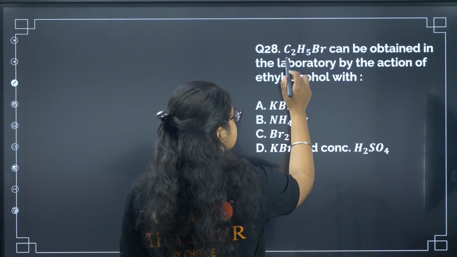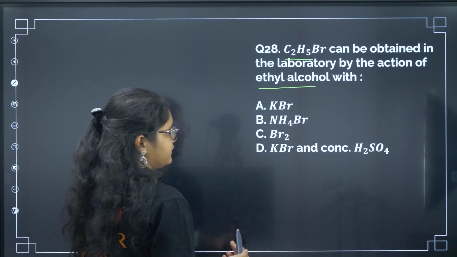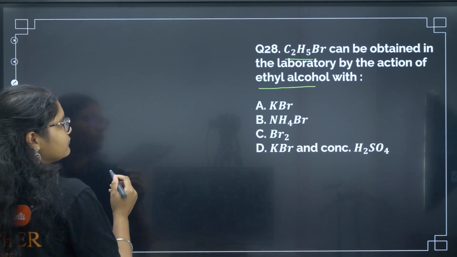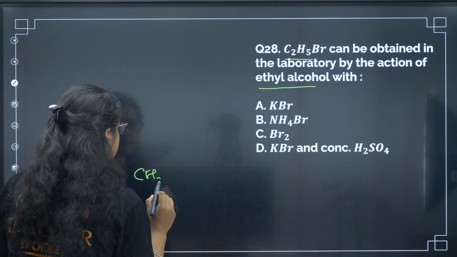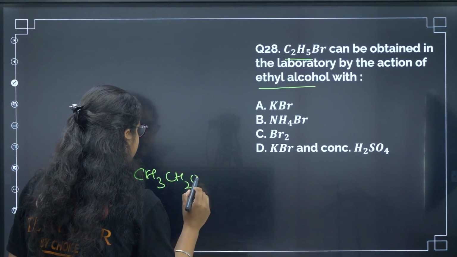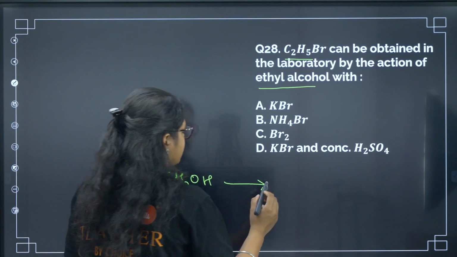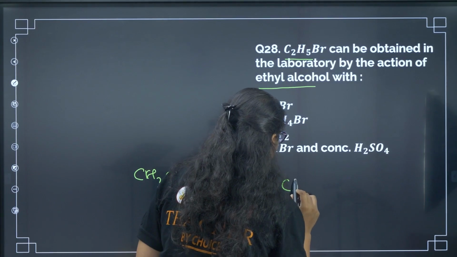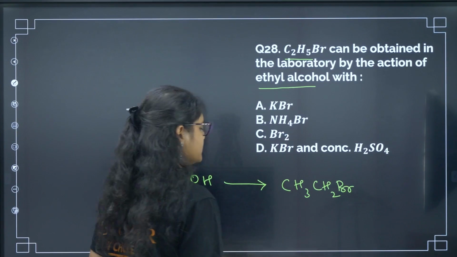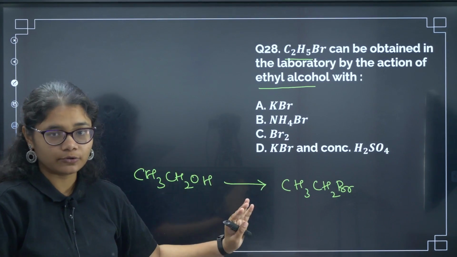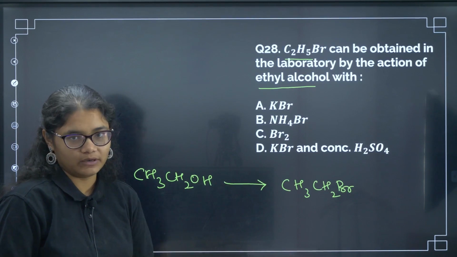Next, C2H5Br can be obtained in the laboratory by the action of ethyl alcohol with. So we have to prepare CH3CH2Br from CH3CH2OH. Whenever there is a change in functional group, what we can do is first eliminate and then add bromine, right?